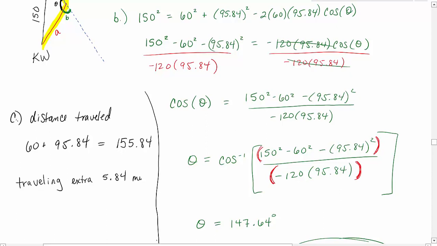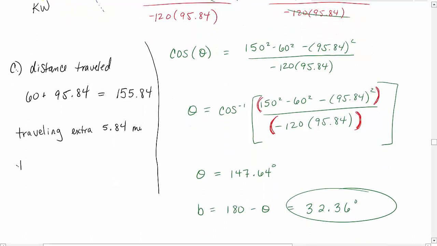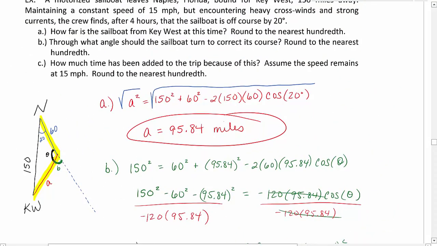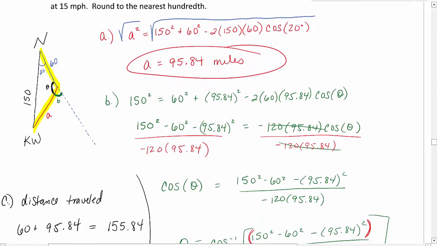So to figure out the time, we're simply going to divide by the miles per hour, 15. And we want to round to the nearest hundredth.